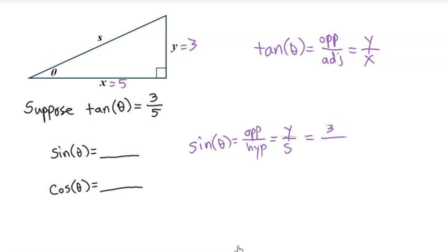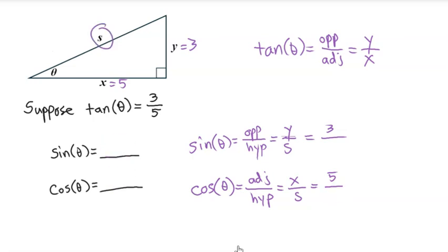For cosine of theta, cosine is adjacent over hypotenuse, which is x over s. We know x is the denominator of tangent, which is 5, so this is 5 over s. Once we find s, we put that number in both places and we have our answers.